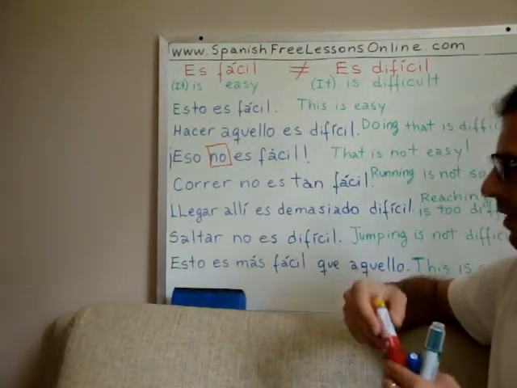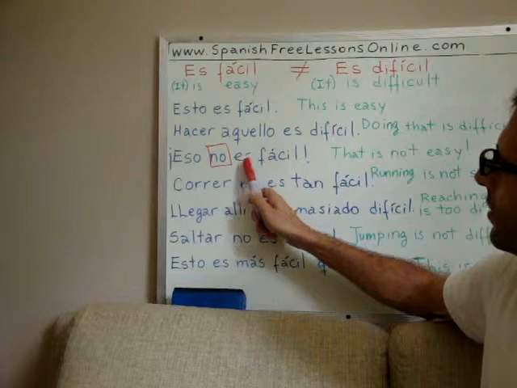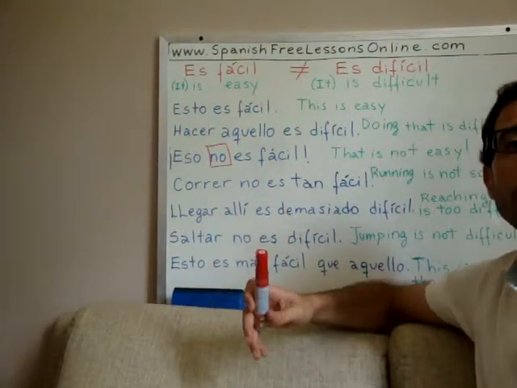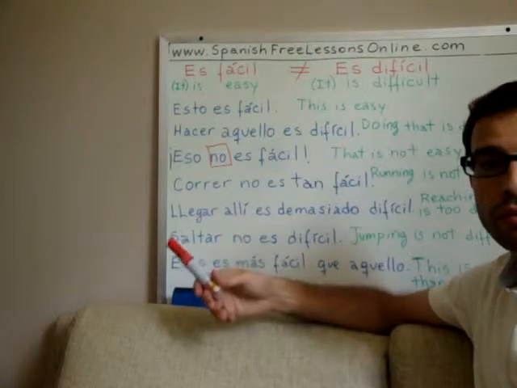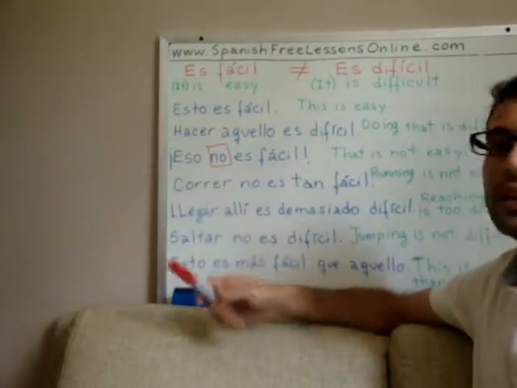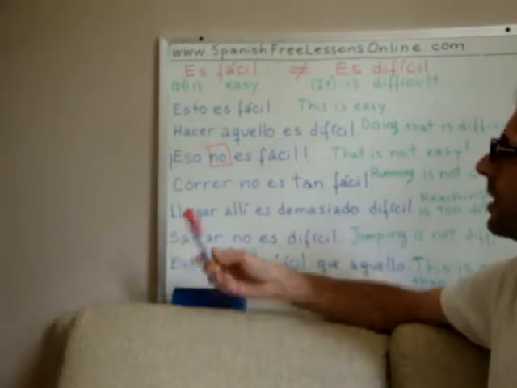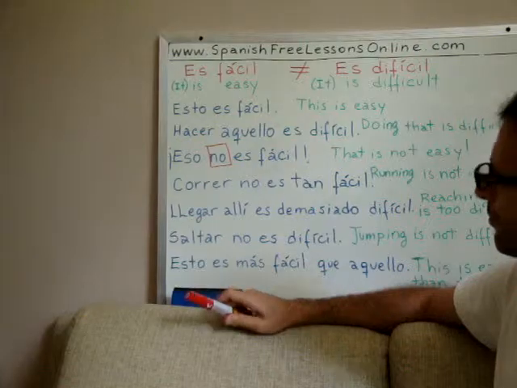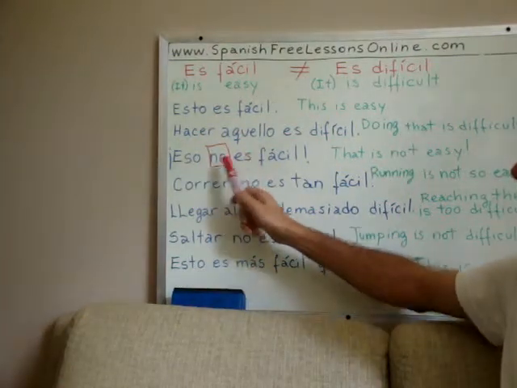No es fácil is not easy. While in English, the not goes after the verb, is not, it goes after the verb. In Spanish, the no goes always before. That is not easy.